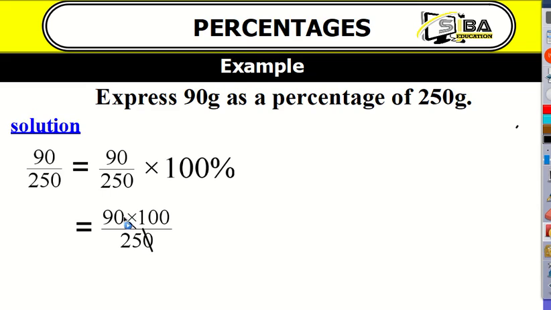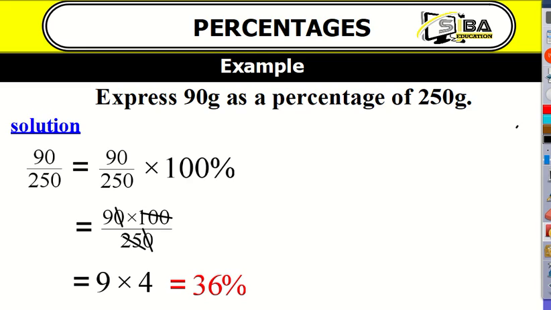This 0 will also cancel out this. And then we have 25. Remember, 25 can cancel out 100 because 100 is a multiple of 25, and that is 4 times. So by multiplying the 4 by the 9, you have 36%. So what it means is that 90 grams as a percentage of 250 grams is equal to 36%.